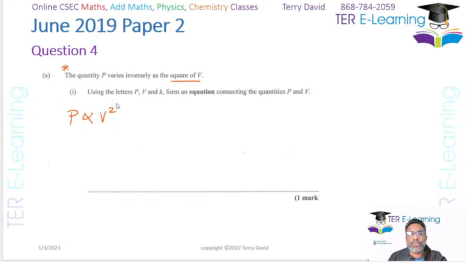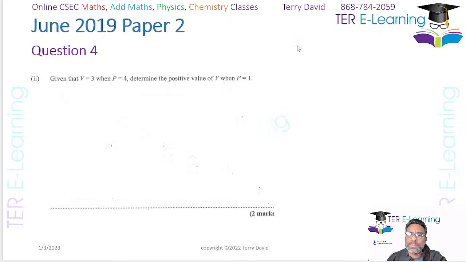They want us to write an equation with P and V. Now, if you replace your proportional sign with an equal sign, you need to do this. P is equal to, you must always include a constant. So P is equal to KV squared. 1 mark. That's what I want. This is the answer here. P is equal to KV squared.